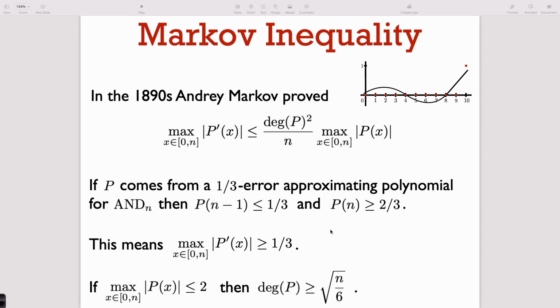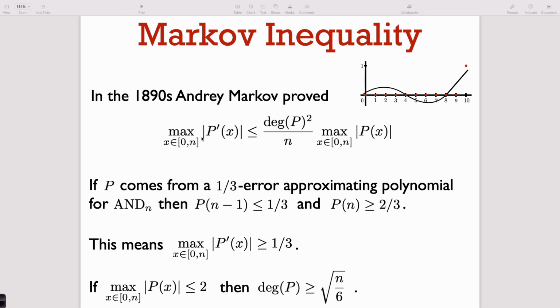So let's consider first the simple case where our polynomial is bounded within this whole window here. So it never jumps out of this box, say between 2 and minus 2. In that case, we just plug in 2 here for this max value.